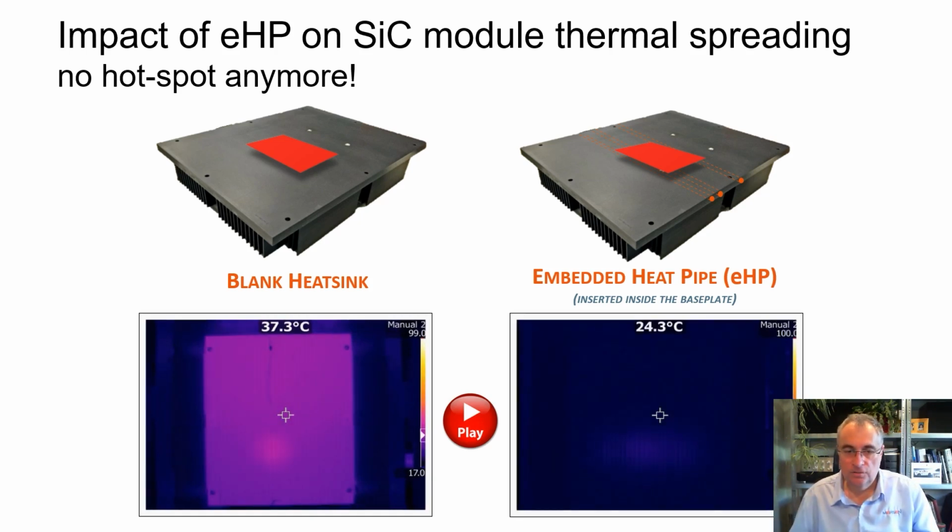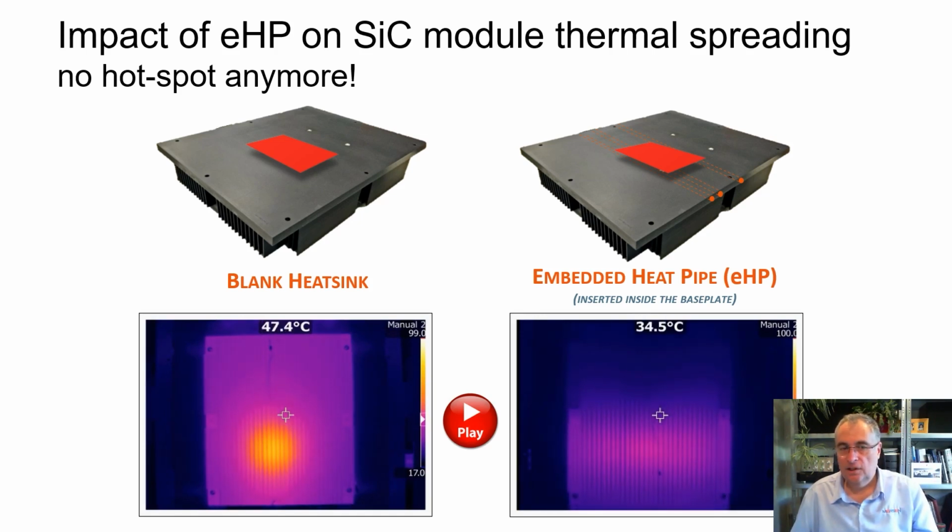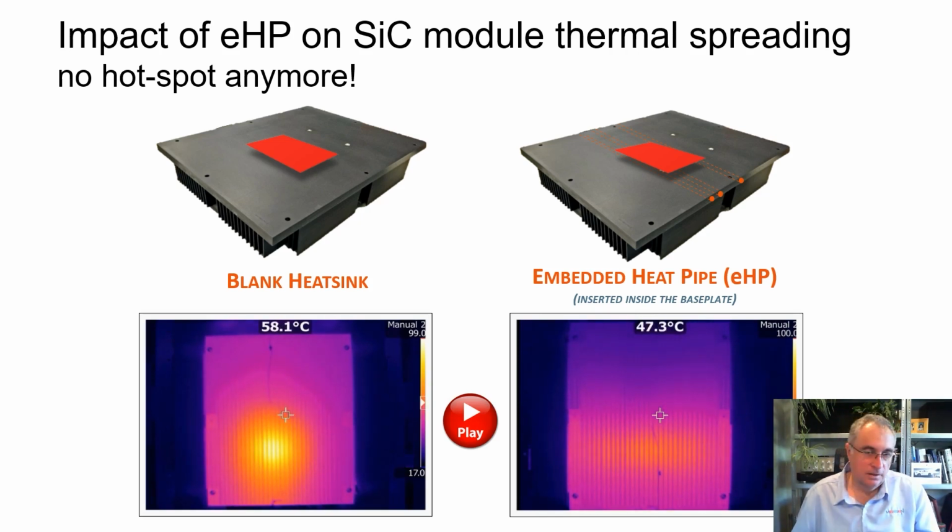If I launch the video, you will observe that on the left hand side, on the blank heat sink, there is a very huge hotspot happening, whereas on the right hand side, thanks to the embedded heat pipe, no hotspots. Once again, the heat is perfectly well spread over the entire area of the heat sink.